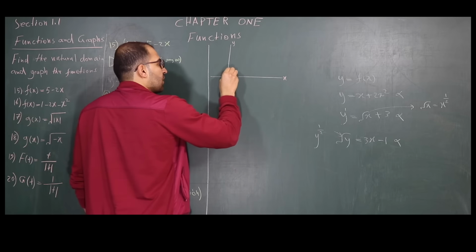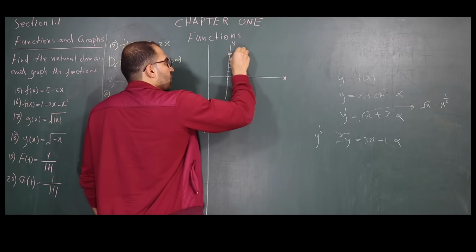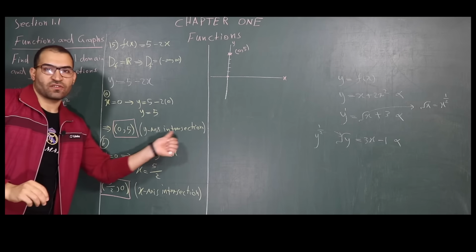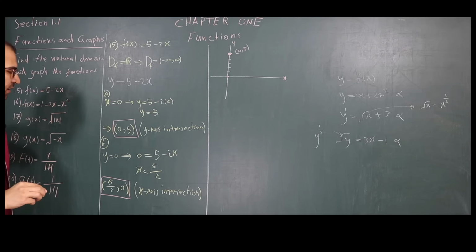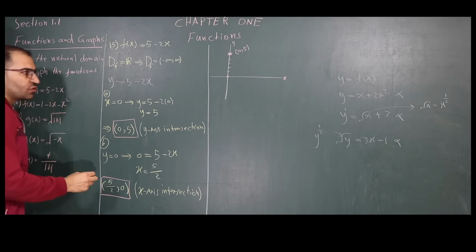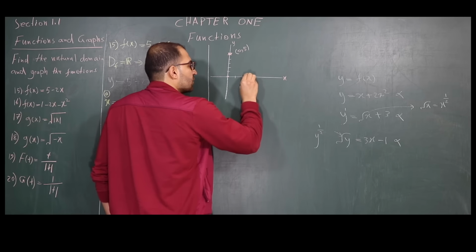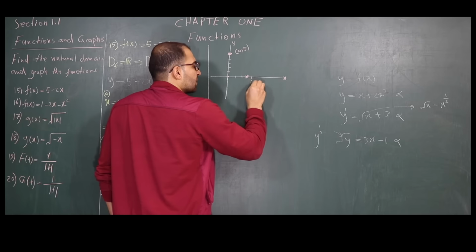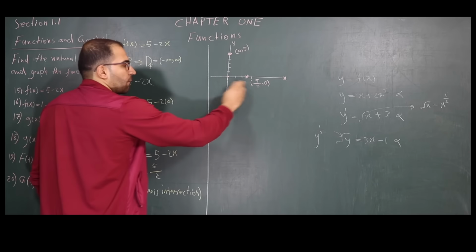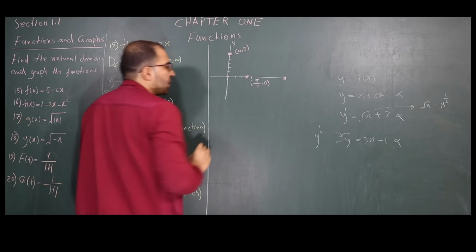So 0 and 5, 1, 2, 3, 4, 5, for example. This is the point (0, 5), which is the y-axis intersection. And the other point, 5 divided by 2, is 2.5. So 1, 2, 3, this is 2.5. This is 5 by 2, which is 2.5 on the x-axis and 0 on the y-axis.